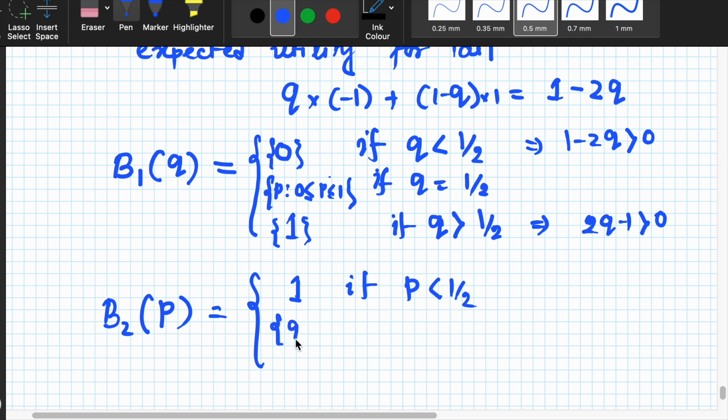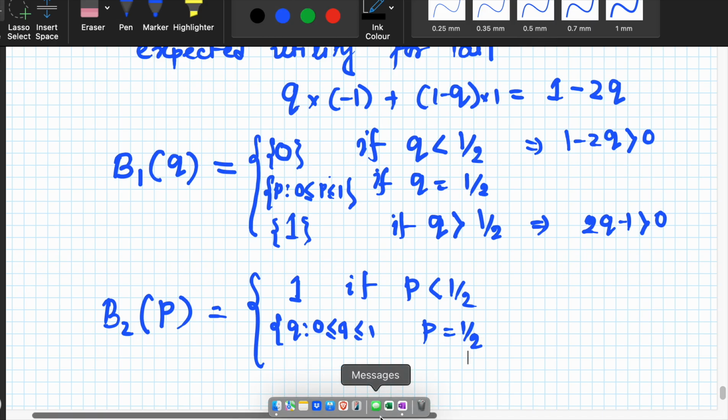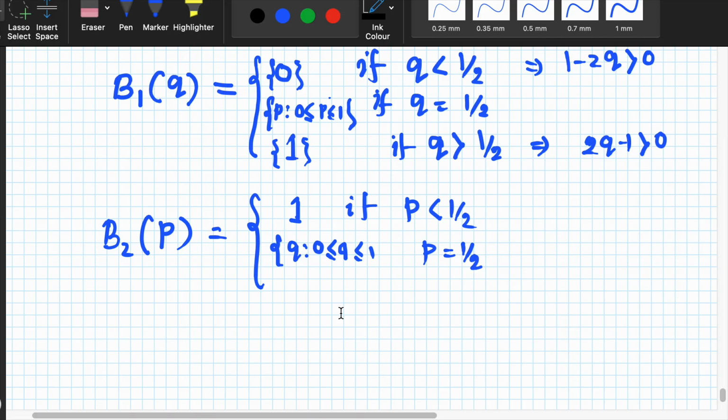When p equal to half, for every q the expected utility will be 0, so every q will give him the same payoff. That is why every q is a best response. And for p greater than half, playing tail is the only best response.